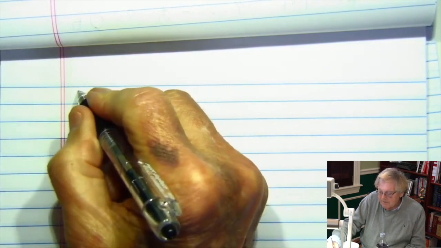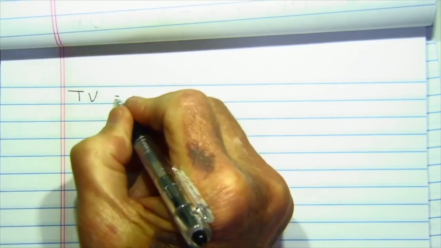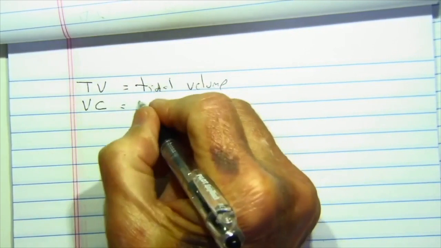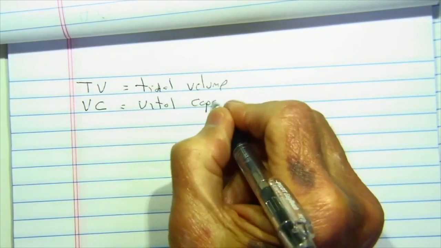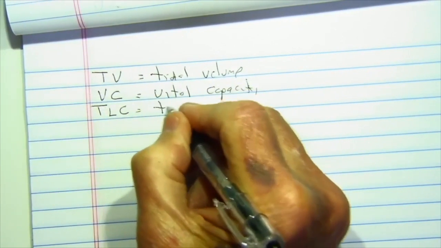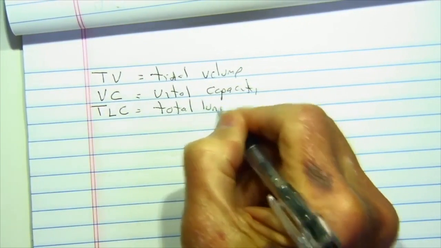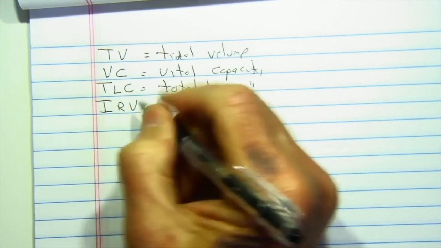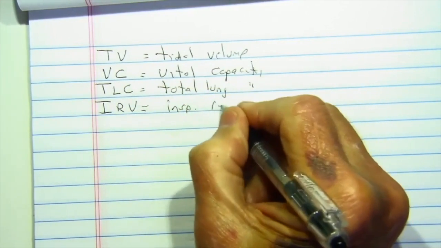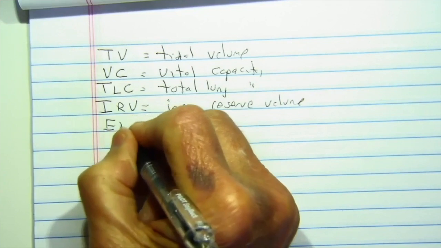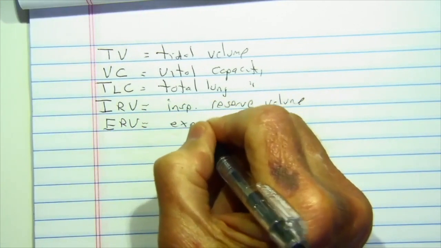Remember, we've got something called a TV or a tidal volume, a VC or the vital capacity, a TLC or a total lung capacity, an IRV, which is an inspiratory reserve volume, an ERV, which is an expiratory reserve volume.